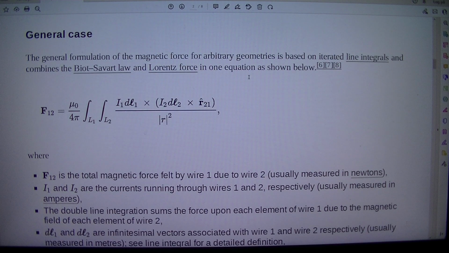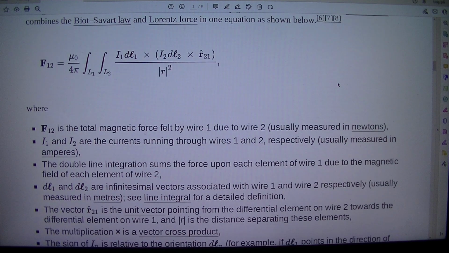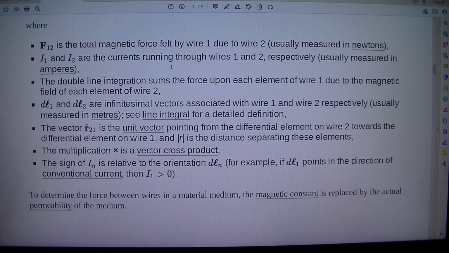General case. The general formulation of the magnetic force for arbitrary geometries is based on iterated line integrals and combines the Biot-Savart law and Lorentz force in one equation as shown below. F12 is the total magnetic force felt by wire 1 due to wire 2, usually measured in newtons.